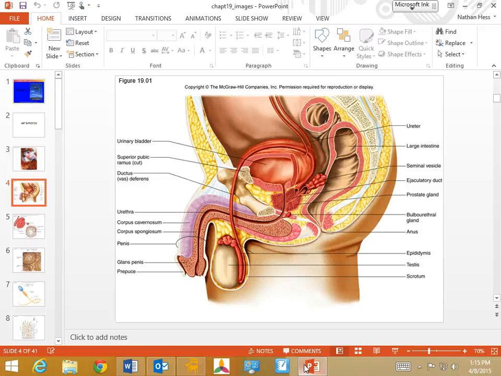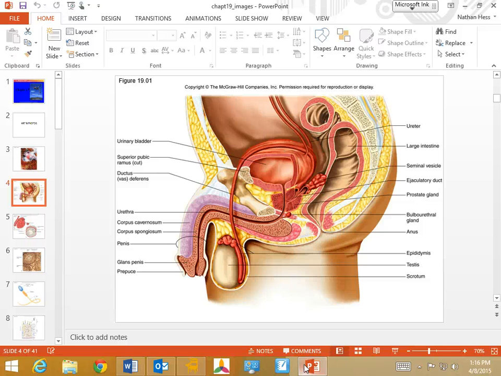So the bladder on top, these tubes here are called the ureters. Does anyone know where those go to? Like what fills the bladder? Urine, obviously. Where does that come from? Not the intestines, the kidneys. The kidneys are filtering the blood, and the waste products that come from that are then sent down into the bladder, which we'll get to. That's another section where we'll talk about the urinary system.